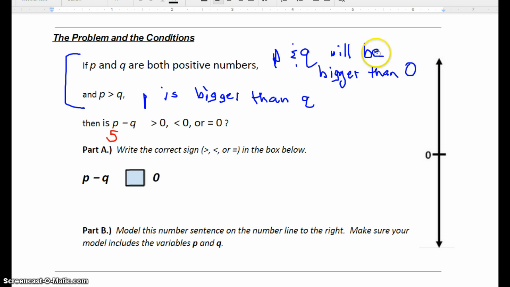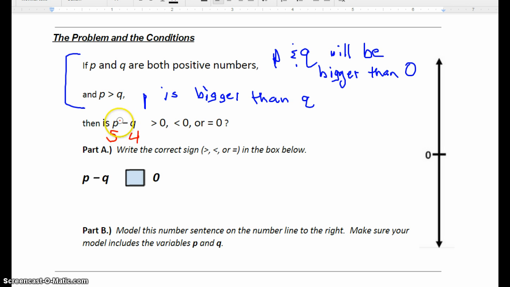It's positive, and so far that's following the rule. The second rule for this problem is that P is a larger number than Q. That means Q cannot be 5. It also cannot be 0 because we know Q is bigger than 0. So Q has to be bigger than 0, smaller than 5. So I think I'll just choose 4.